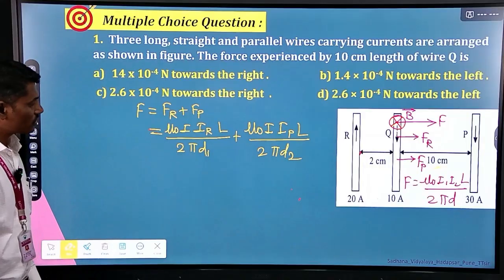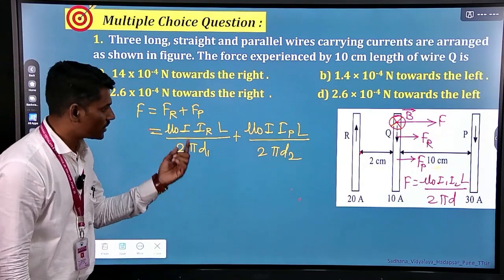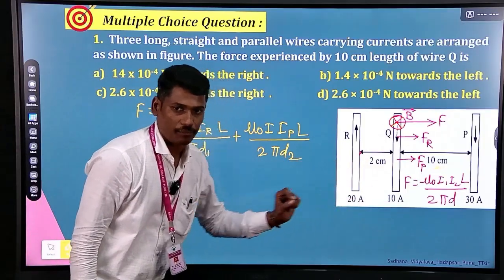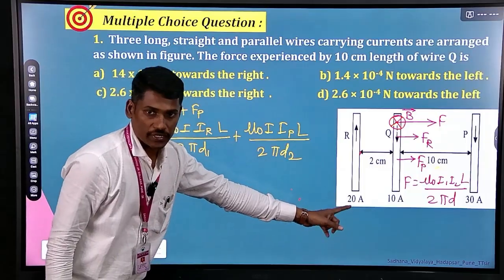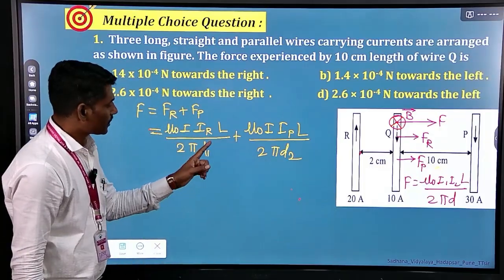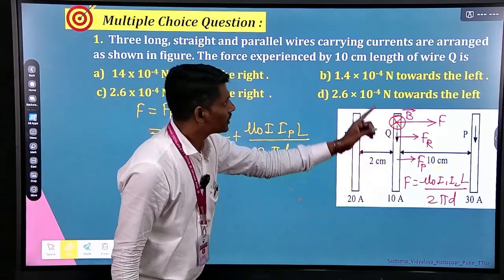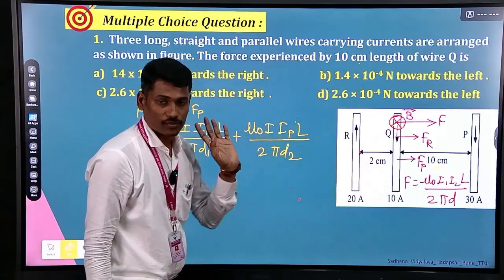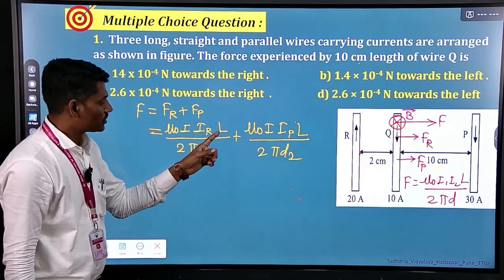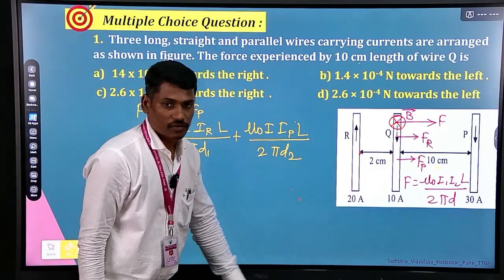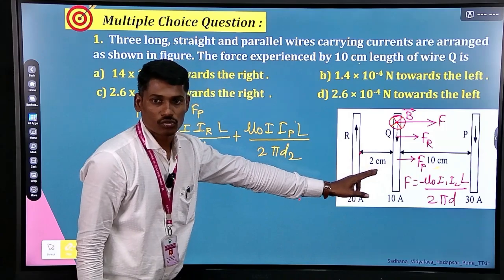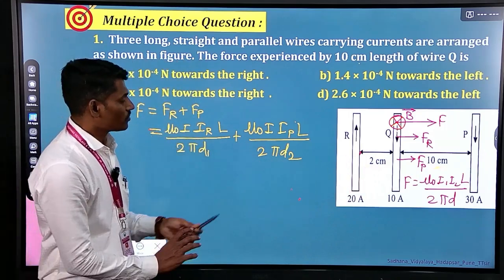Now, what is given here? We know that the current I flowing through the wire Q is 10 ampere. The current flowing through the wire R, I R, is 20 ampere. Similarly, the length of the conductor is how much? This is the 10 centimeter given in the MCQ. Now, what is d1? d1 is also given in the diagram, 2 centimeter. Here we get 2 into 10 raised to minus 2 meter. Now, next, what is the current I?